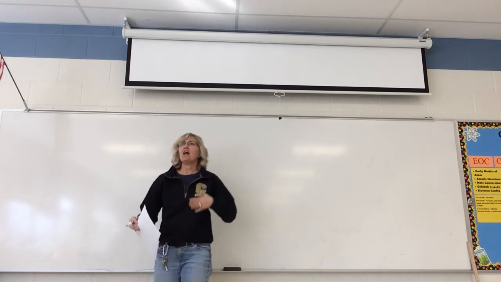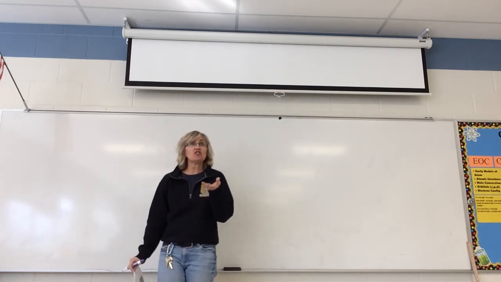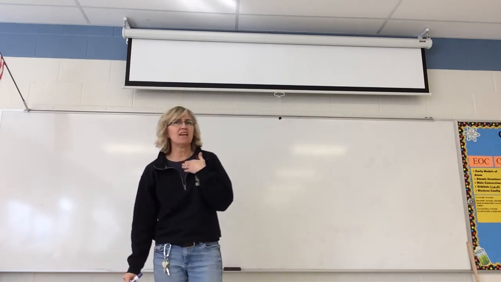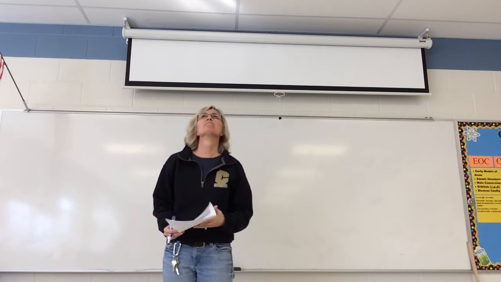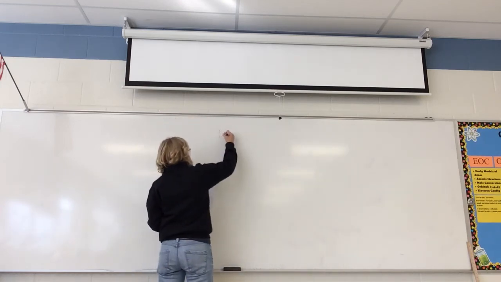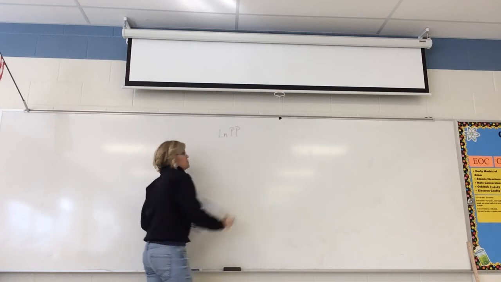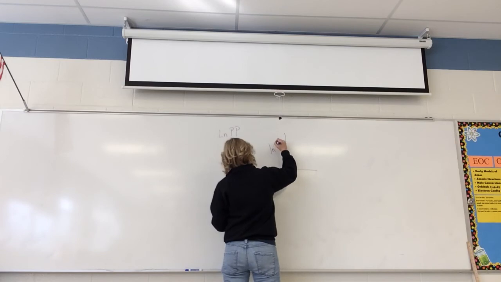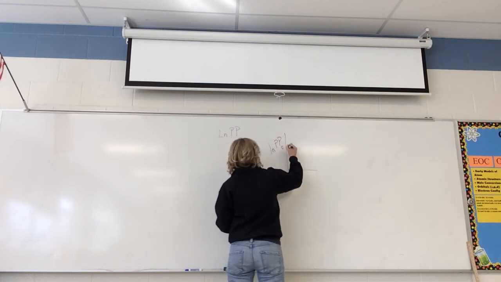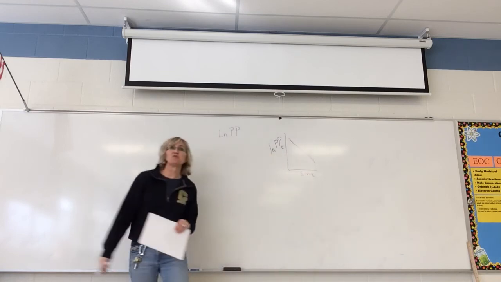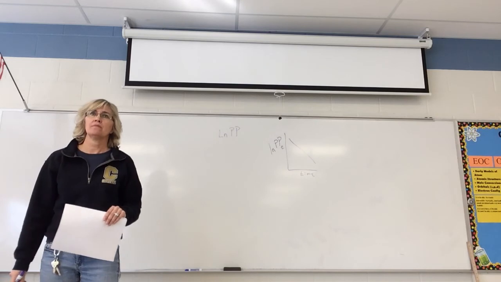All right. Let's say you're just given some data, and you want to say, what order is it? Well, I know that if I take the natural log of the partial pressures and they graph, and I get this, I've got a first order reaction, right?